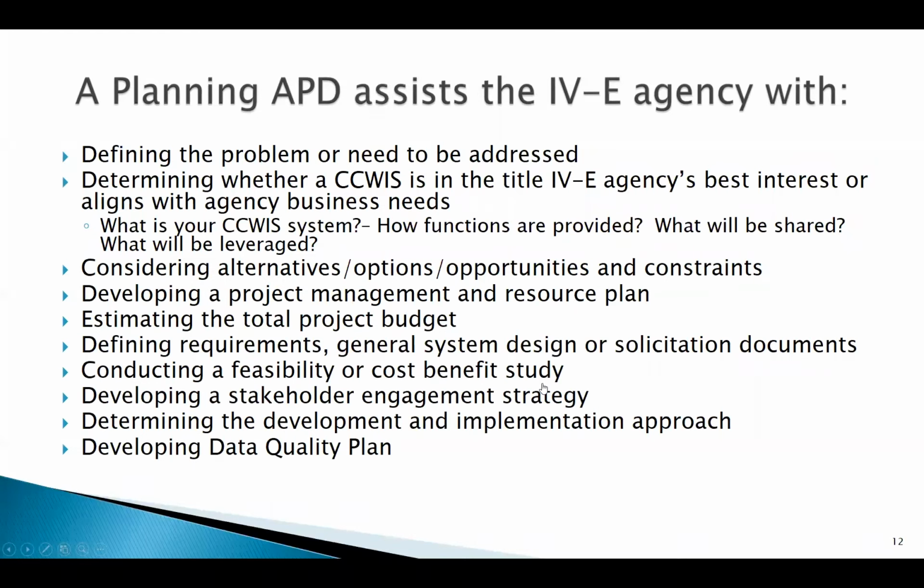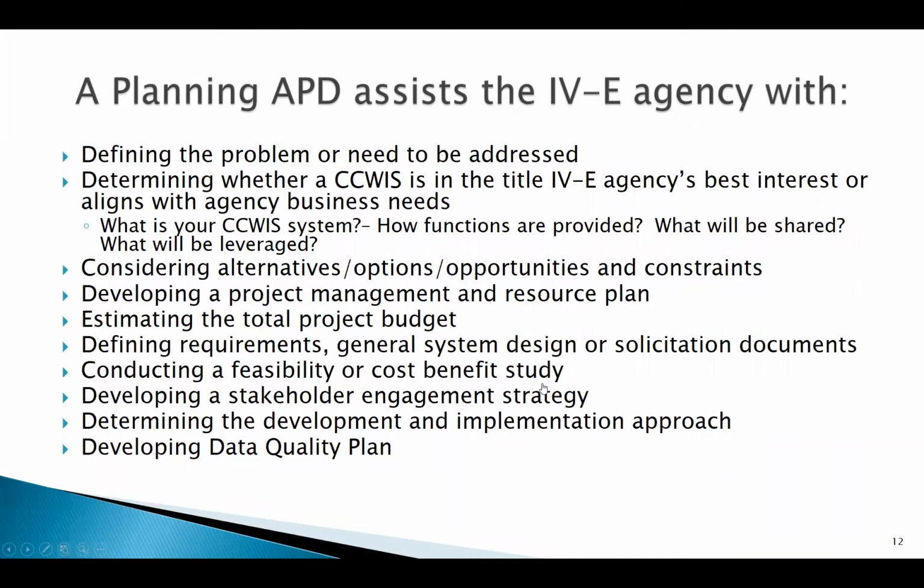So the planning APD assists the IV-E agency with defining the problem or what's needed to be addressed, determining whether a CCWIS is in the Title IV-E agency's best interest and aligns with the agency business needs.